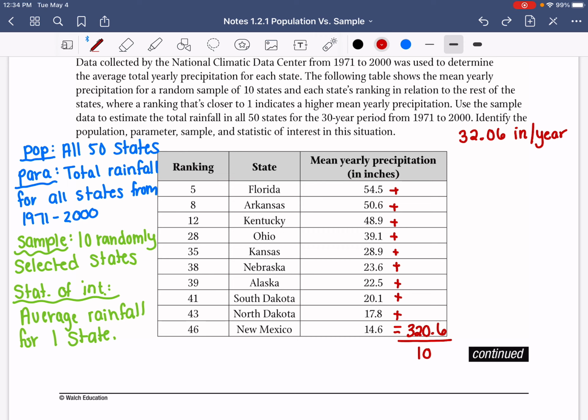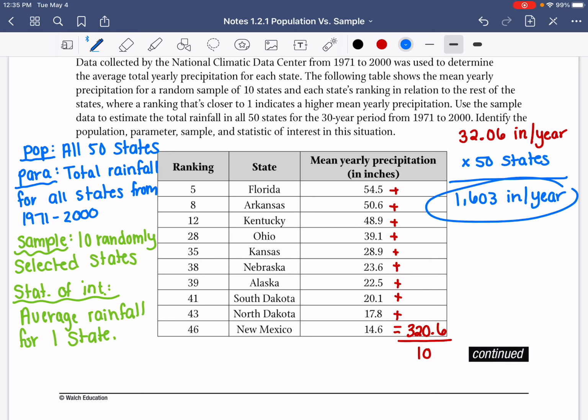All right, well, there's 50 states, so we're going to have to multiply that times 50 states. So 32.06 times 50 is 1,603 inches per year for all of the states, because this is for just one state. So this is how much in there, with all 50 states in 1 year.